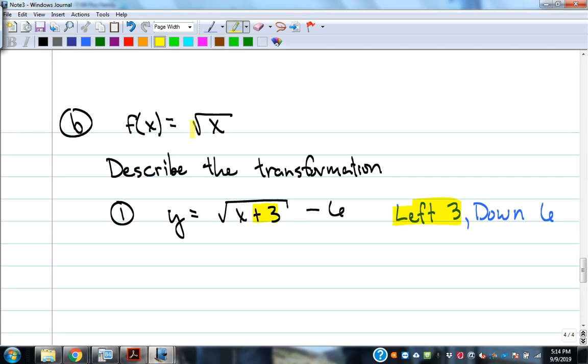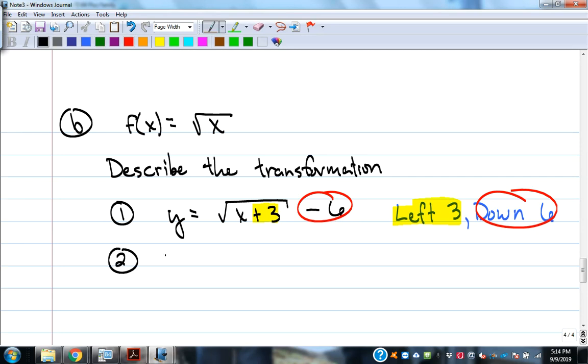The plus 3 is the left 3. The -6 is your down 6. And I highlighted that. You can't see it at all. Let me back up and do a different color. All right. Yeah, you still can't. It's the same color. It's green on my screen. Anyway, so let's circle it then. That's where that's coming from. Okay, so you can tie those things together there.